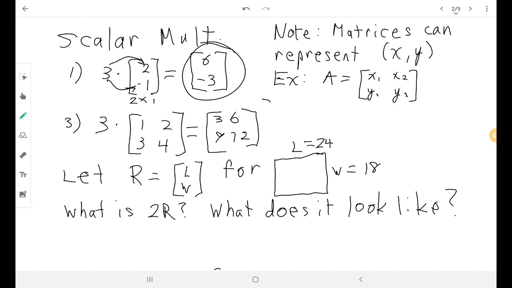So that's the real basics of scalar multiplication. It's just that easy. Now, matrices can be used to represent dimensions.